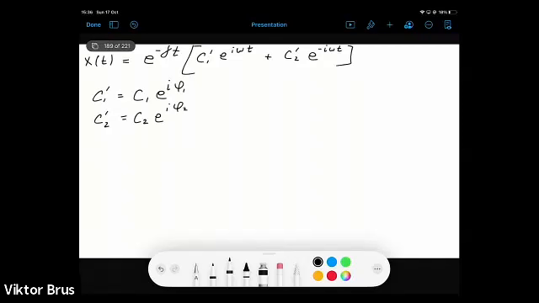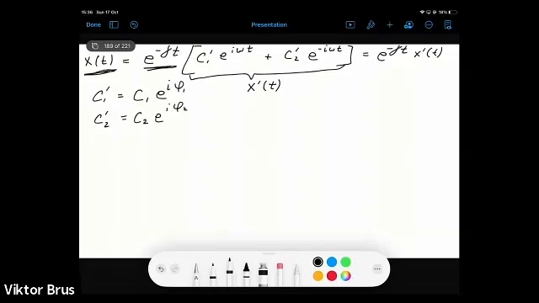So now we can write this part, which is the complex function of our solution, because this one is real and this is complex. Let's call it x prime of t, and the total solution will be e to the power minus gamma t times x prime as a function of t.